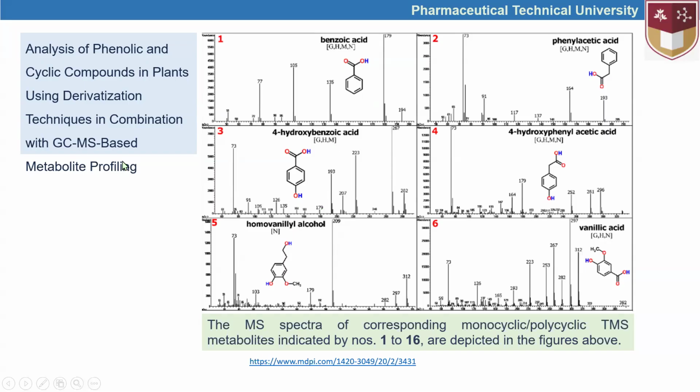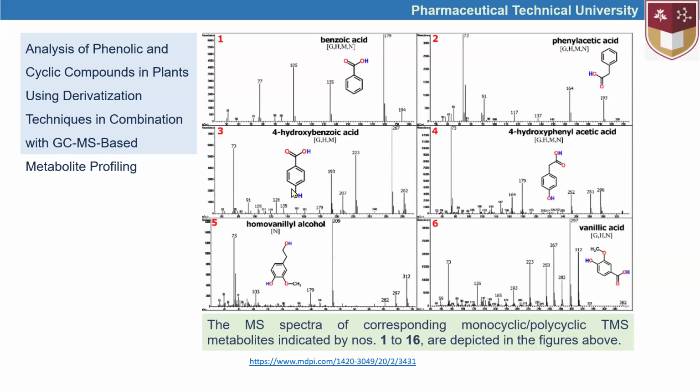The results were taken from the paper named Analysis of Phenolic and Cyclic Compounds in Plants Using Derivatization Techniques in Combination with GC-MS-Based Metabolite Profiling. So, if we obtain molecular weights like 77, 105, 135, or 179, then from the automatic analysis we can find out that these molecular masses belong to benzoic acid.